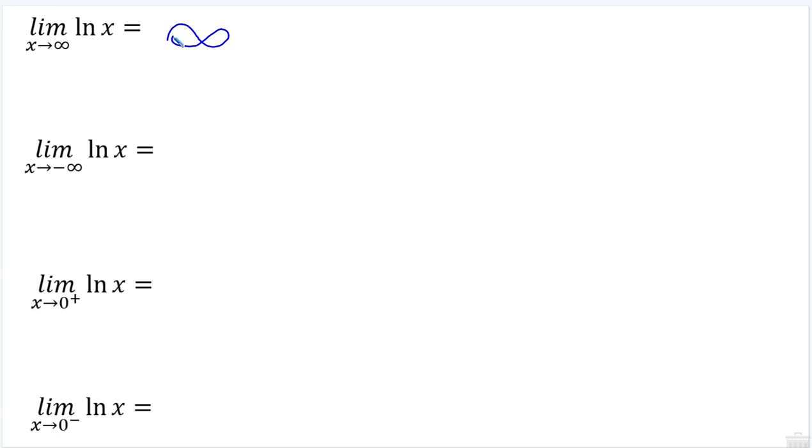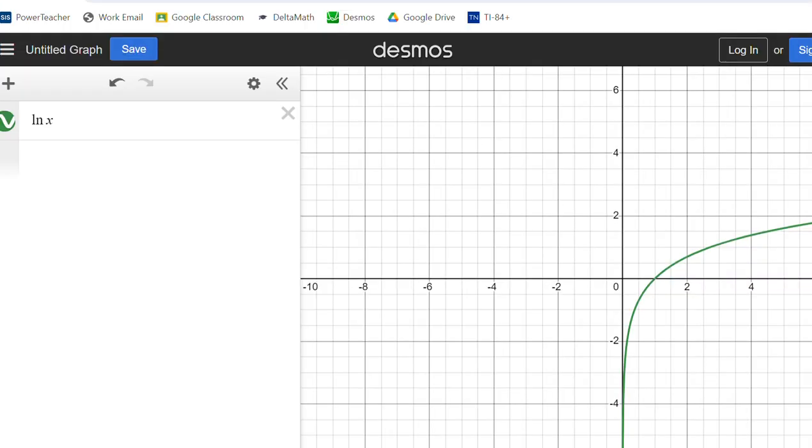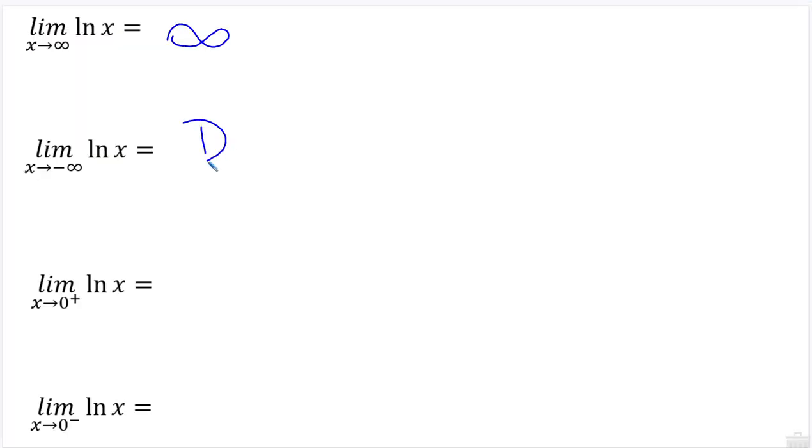The limit as x approaches negative infinity of ln x, well, we just talked about that. How can I approach negative infinity if there's no function there? This does not exist. The limit as we approach 0 from the right of natural log, that's the one where we're approaching this vertical asymptote going down towards negative infinity.